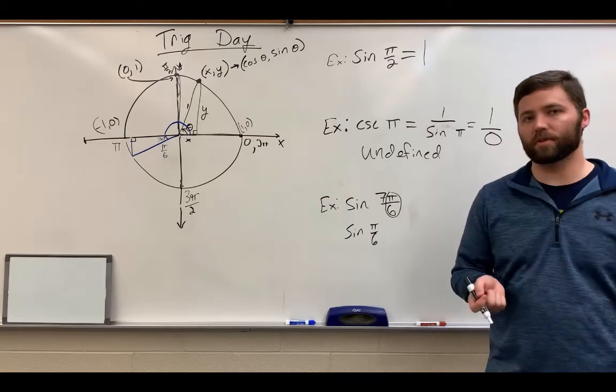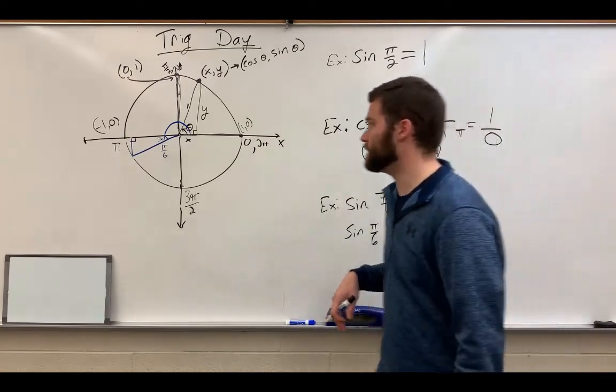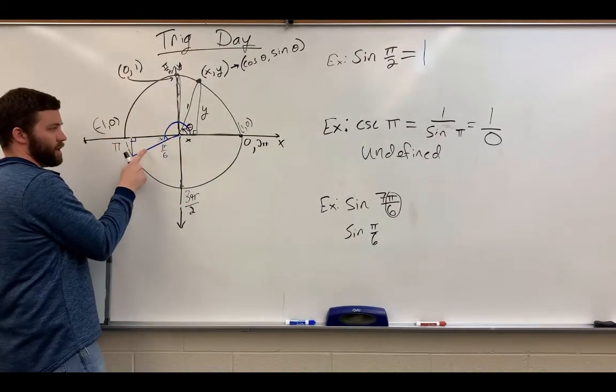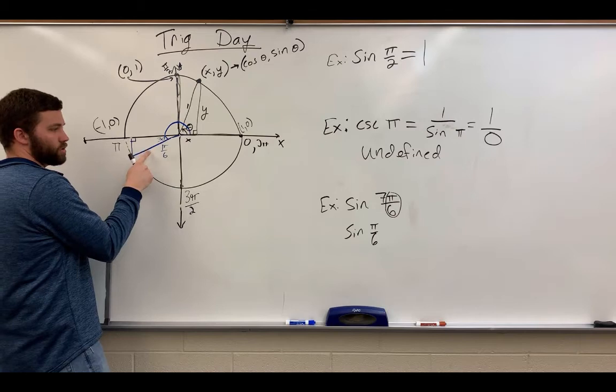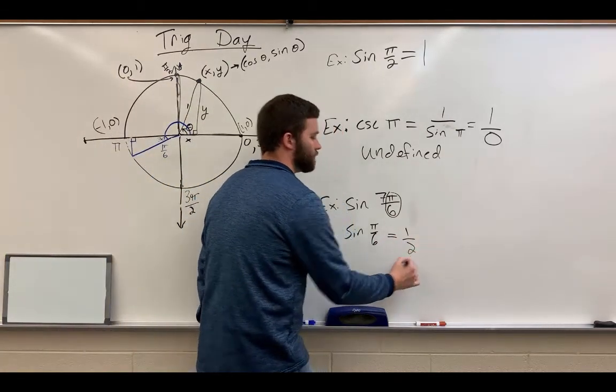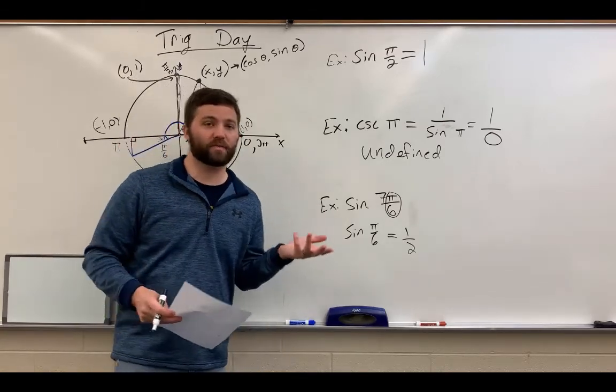Sine of pi over 6, I would use my 30, 60, 90 triangle, which I should have seared into my mind, and I would figure out that sine of that angle is going to be the short leg over the hypotenuse, which is 1 over 2. So sine of pi over 6 is 1 over 2. So we do that little scratch work, and then we check, is sine positive or negative in this quadrant?